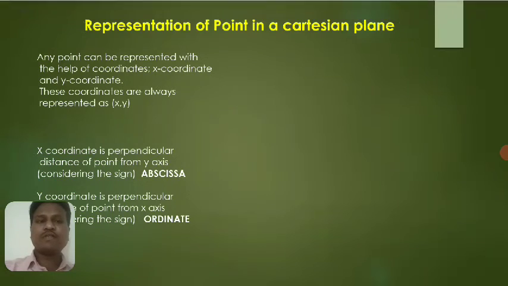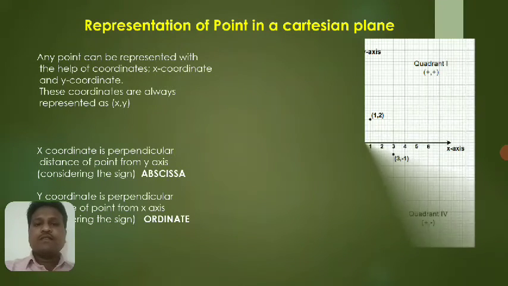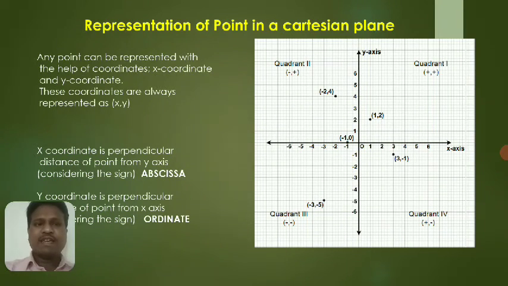As you can observe here, there are so many points. Let us discuss any two points. Let us say the first point is (1, 2). As we already discussed, any point can be represented as (x, y). That means here the x coordinate is 1 and the y coordinate is 2.